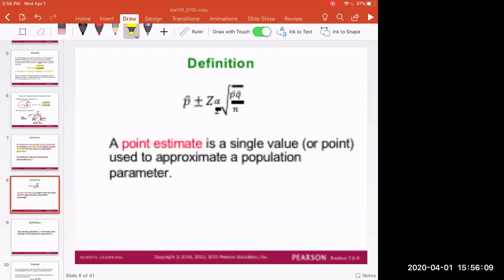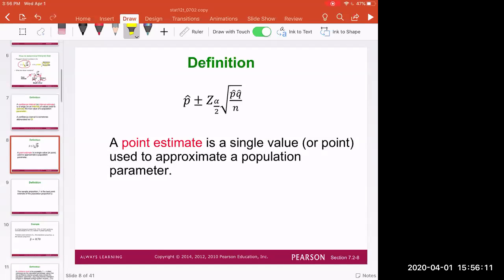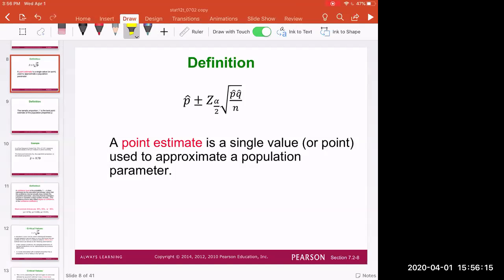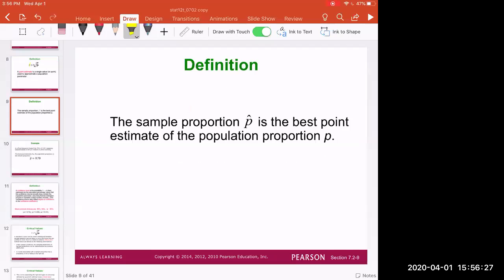So now I'll start looking at different parts of the confidence interval and how we come up with those. The first part is the point estimate, which in that formula is just p hat right there. So the point estimate is a single value or point used to approximate a population parameter. In the case of this section, the sample proportion is the best estimate of the population proportion.